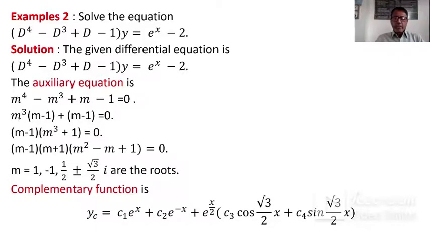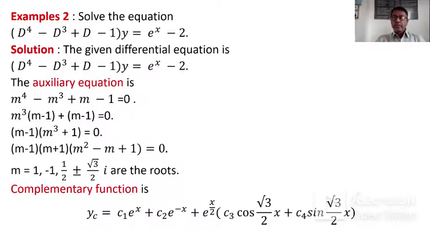Therefore, here yc is equal to c1 e to the power x plus c2 e to the power minus x plus e to the power 1 half x into (c3 cos root 3 upon 2 x plus c4 sin root 3 upon 2 x). We have seen if the roots are real and distinct, how to write the terms. If the roots are complex and non-repeated, then how to write the terms in the solution. We have seen this in the first topic. Using that result, we are able to write this complementary function.